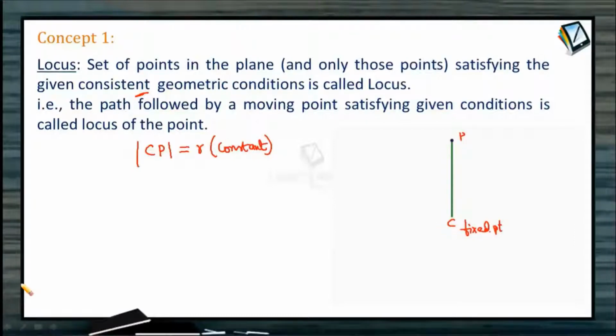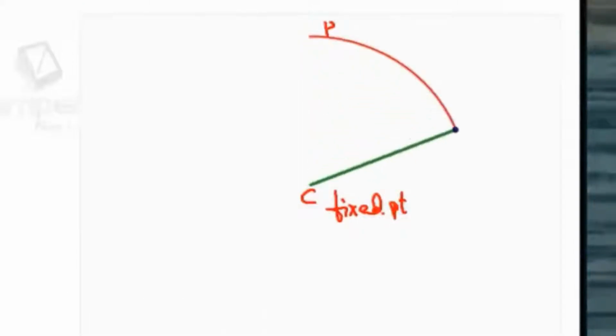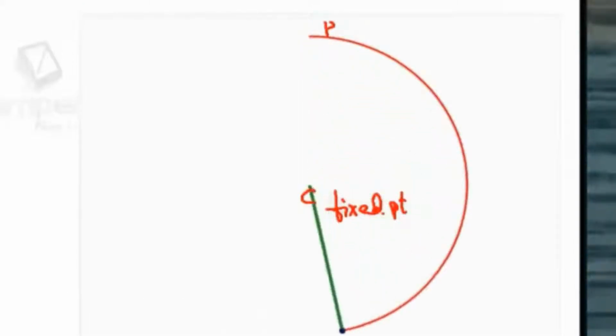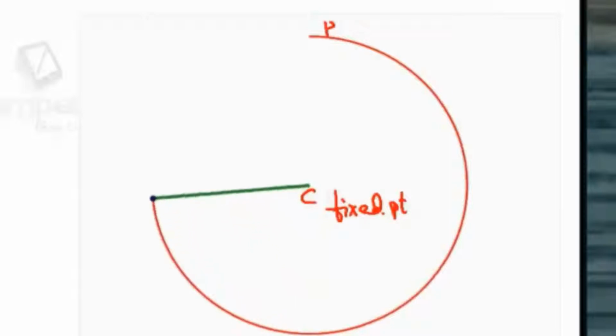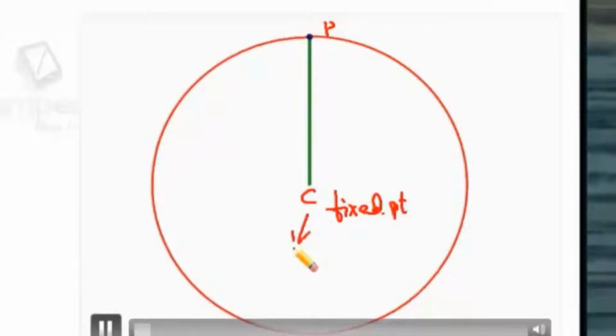We shall see how P moves, the path traced by P. So this becomes a circle. This fixed point is referred to as the center, and this distance CP, R, is the radius.